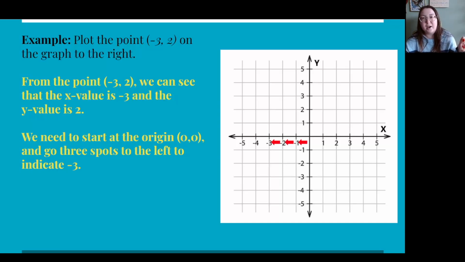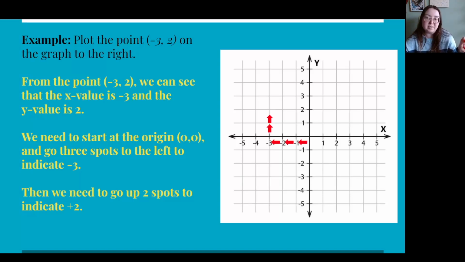And now we want to do the y value. Our y value is positive 2. So from our point there at negative 3, we're going to go up 2. So you always move left or right with the x first, and then you go up or down with the y from that point of x. So we'll go up 2 to indicate our plus 2 for our y coordinate, and we place our point.